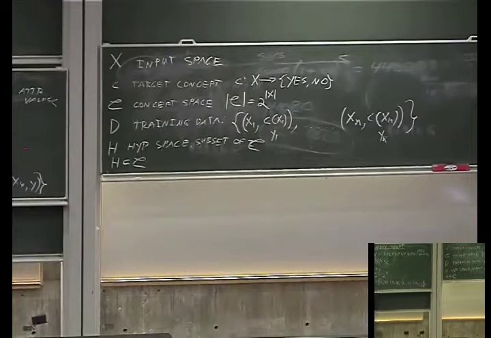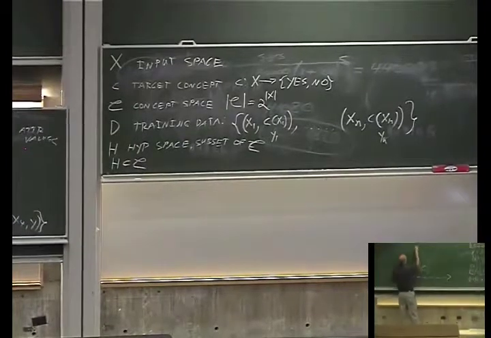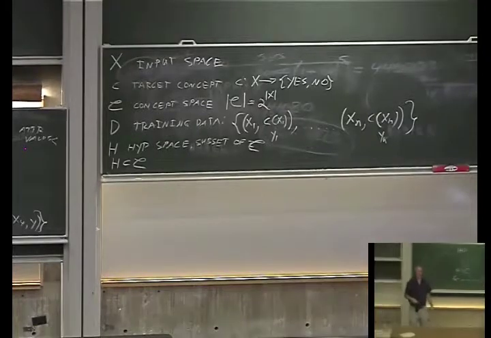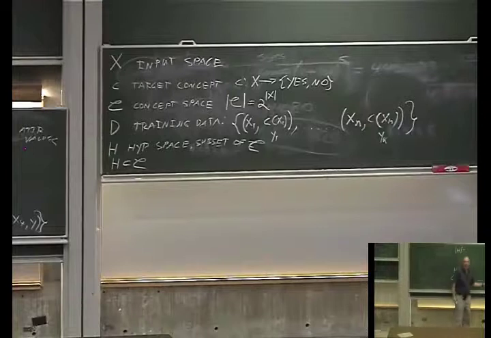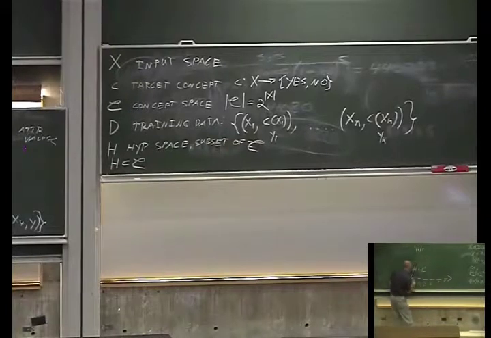Now in our case here, what was the size of H? If you remember, we counted: in the binary attribute you could put 3 possible values, either hot, cold, or don't care. 3 possible values here, 3 here, 3 here, 3 here, 3 here, and 4 here.